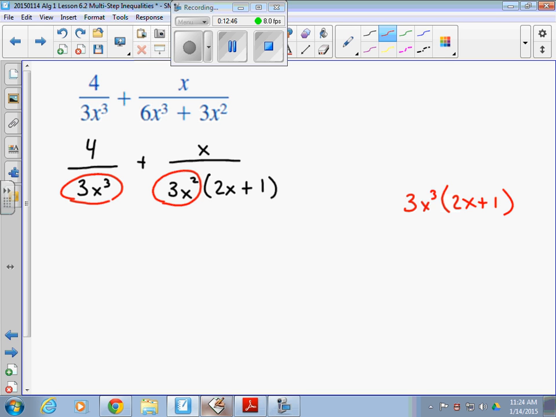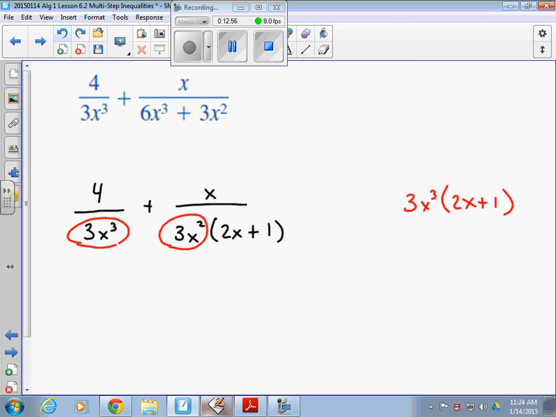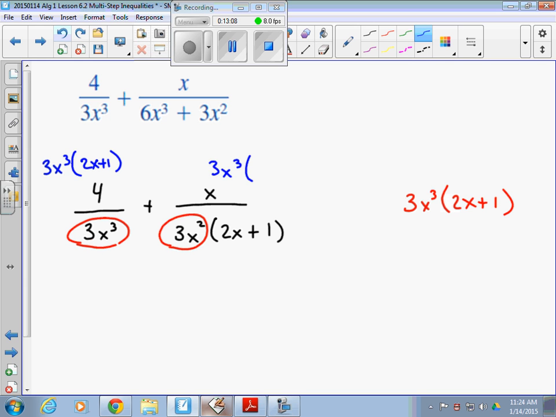So what we want to do, just like we did earlier, is multiply everything by that denominator to cancel out those fractions. 3x to the third times 2x plus 1. That gets multiplied by it, and this gets multiplied by it. 3x to the third times 2x plus 1.